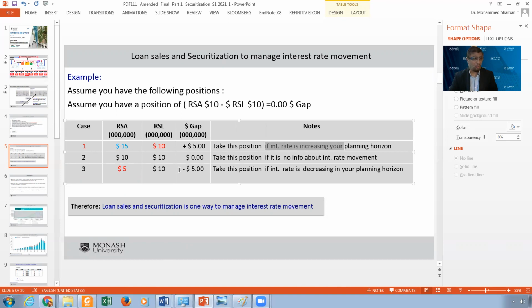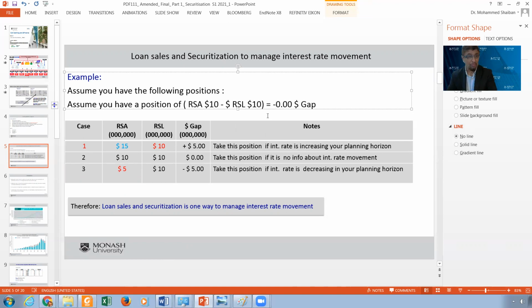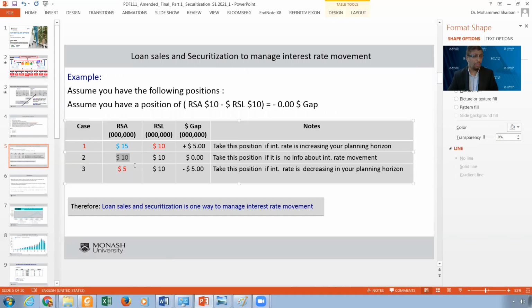Now, if the interest rate is going down and I still want to impact my net interest income positively, I need to have this gap be negative, right? So I need to sell 5 of those and go back to case 3, where I have only 5 here and 10 there.